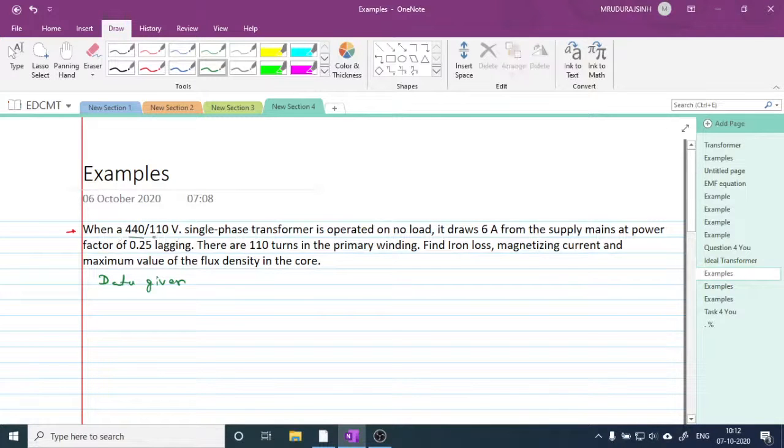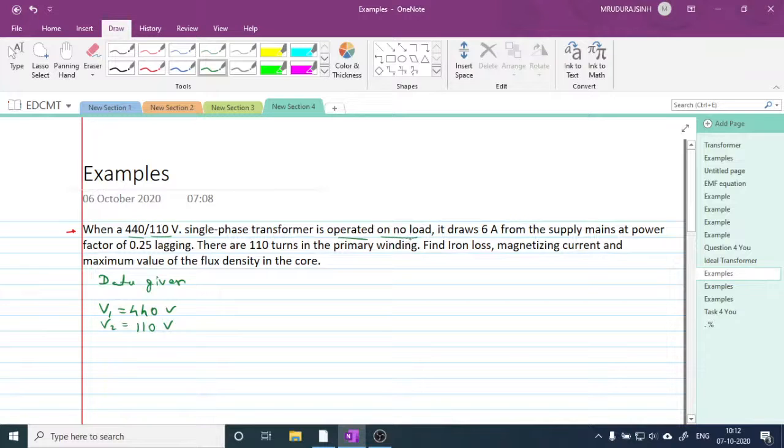A 440 by 110 volt single phase transformer, so this transformer's voltage ratio is 440 by 110. We can write that primary voltage V1 is equal to 440 volt and secondary voltage V2 is equal to 110 volt. It is a single phase transformer operated on no load condition.